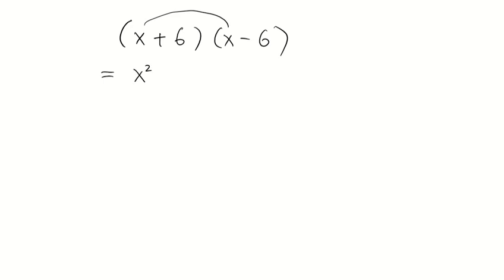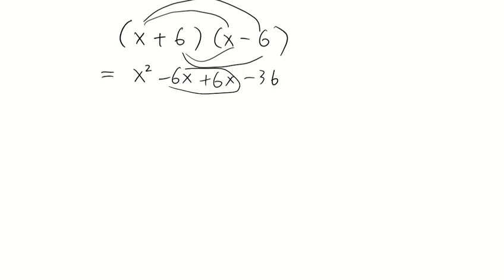I want to mention another special case here, which is, for example, x plus 6 times x minus 6. Of course, you can do the regular 2 times 2 multiplication. So x squared, negative 6x, here's positive 6x, and last, negative 36.